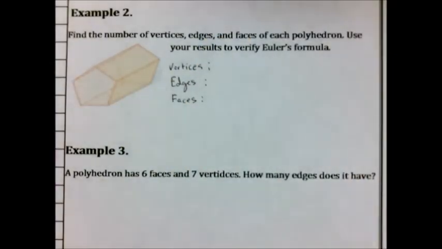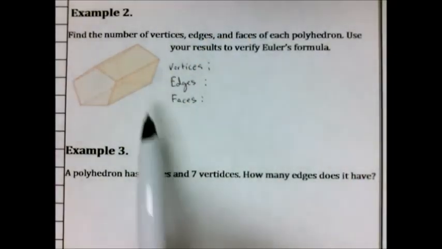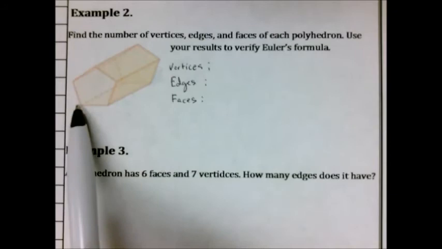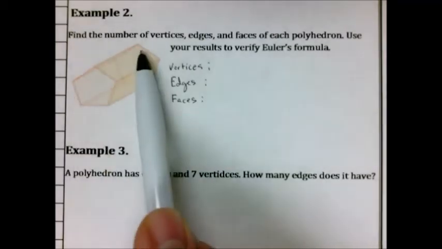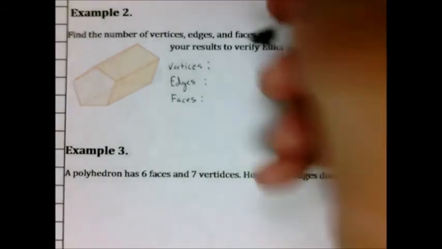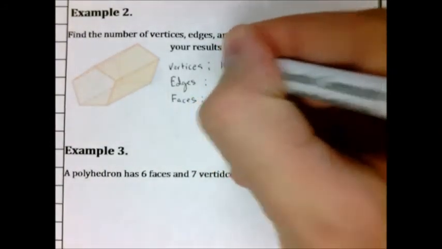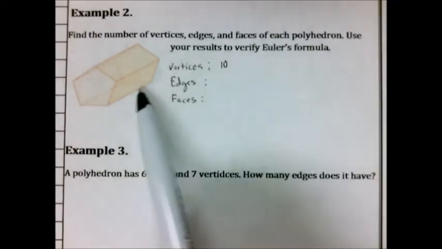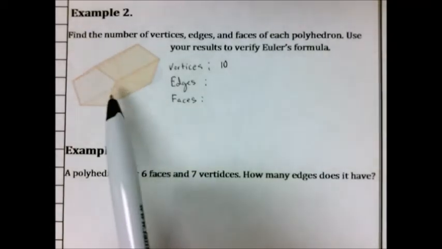How many vertices are there? If we count these out, we can see this is a point. So 1, 2, 3, 4, 5. And then the next ones are on the other side, 6, 7, 8, 9, and 10. So there's 10 vertices.